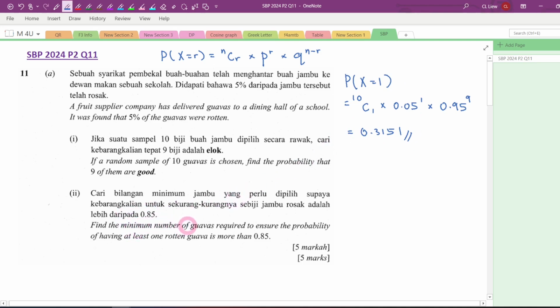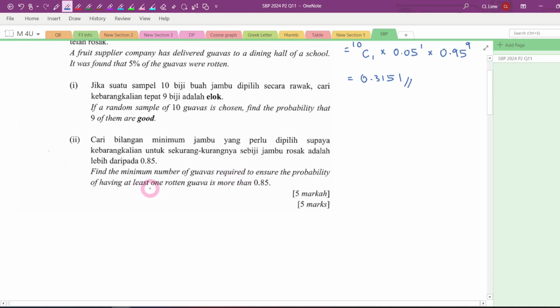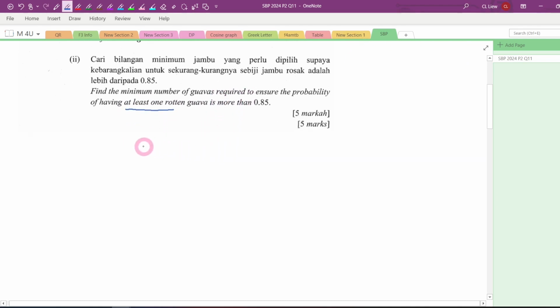Now let's look at the second part. Find the minimum number of guava required to ensure the probability of having at least one rotten guava is more than 0.85. Okay. At least one rotten. So at least will be using this symbol, greater than or equal to, more than 0.85.